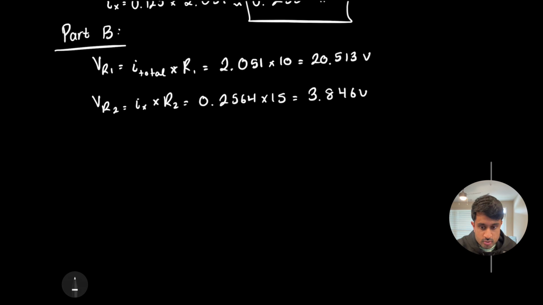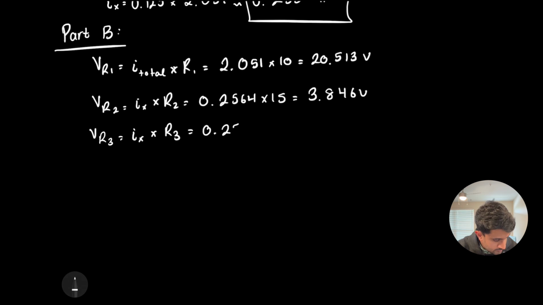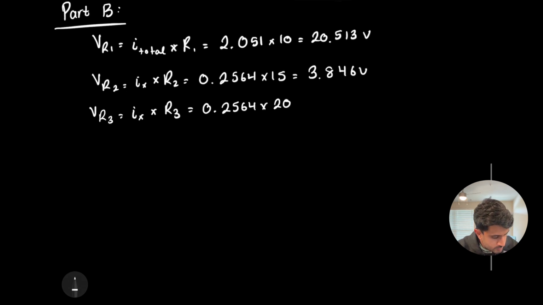That is VR2. Now VR3 is going to be exactly the same. IX times R3 is 0.2564 times 20 ohms, which will get you an answer of 5.128 volts.